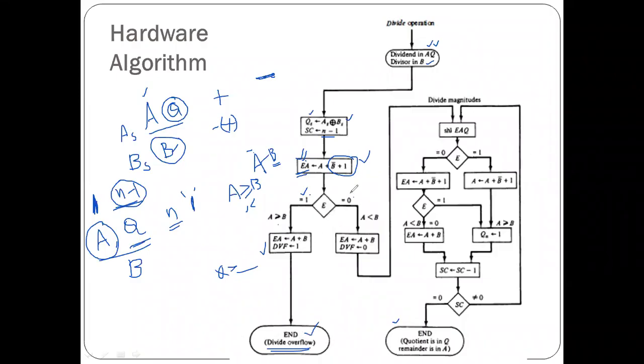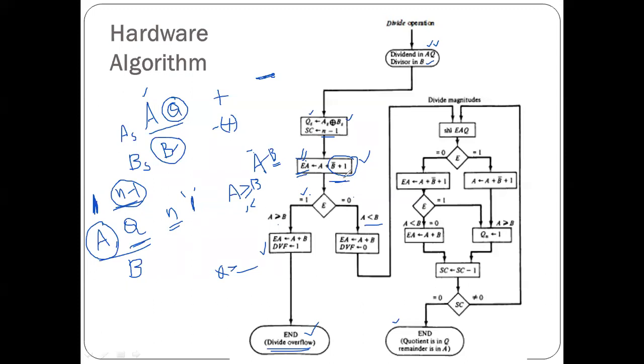Okay. If E is not equal to 1, meaning E is 0, then A is less than B, so I can proceed for the division. Since E is 0 and A is less than B, you should not keep this initial subtraction.